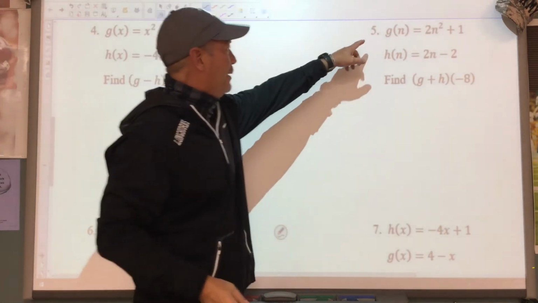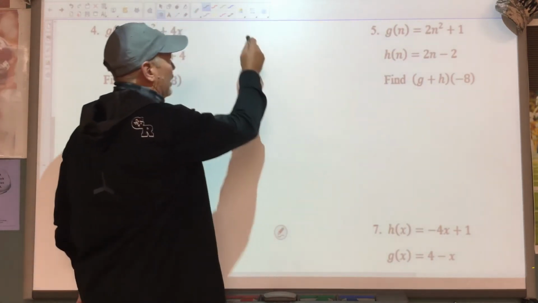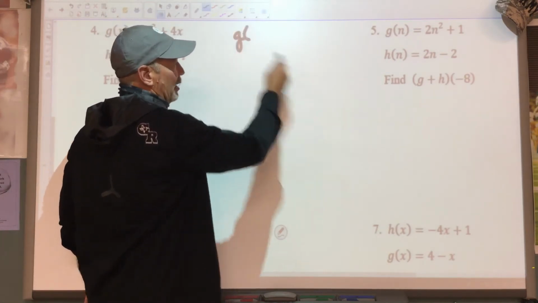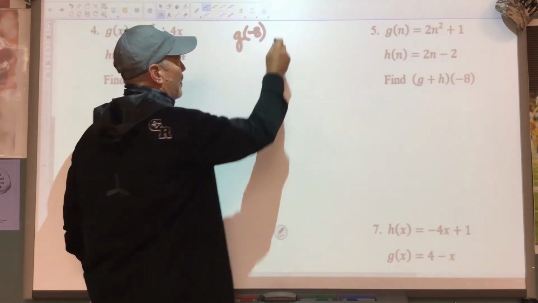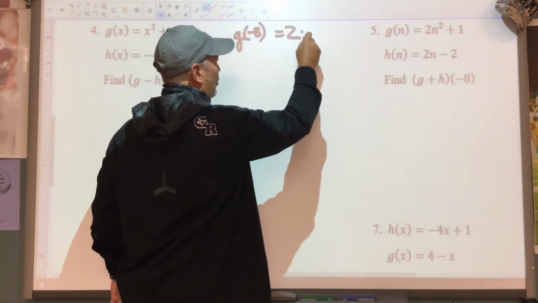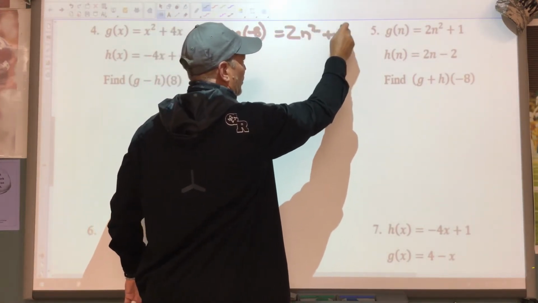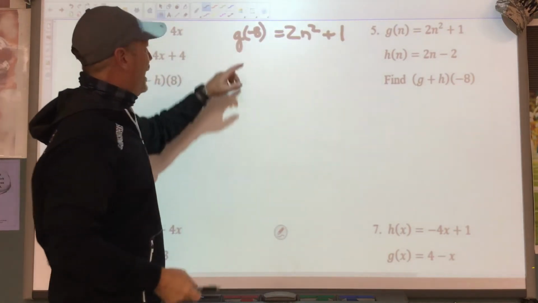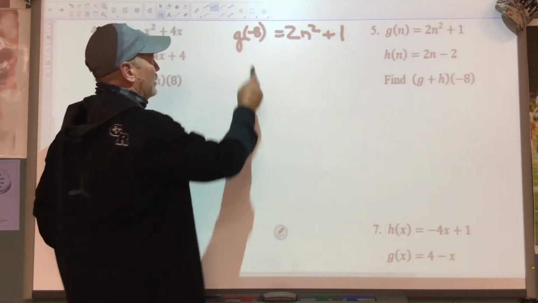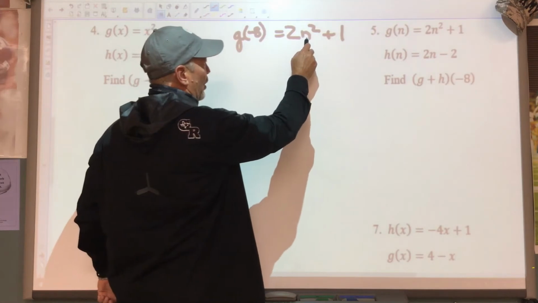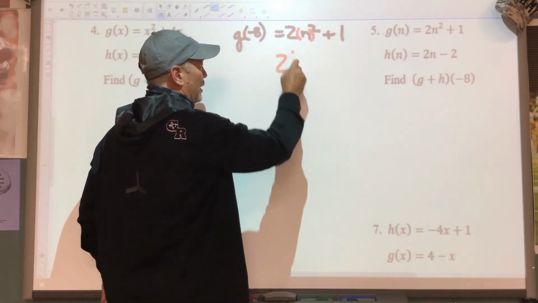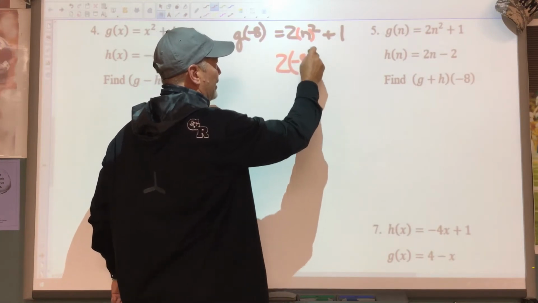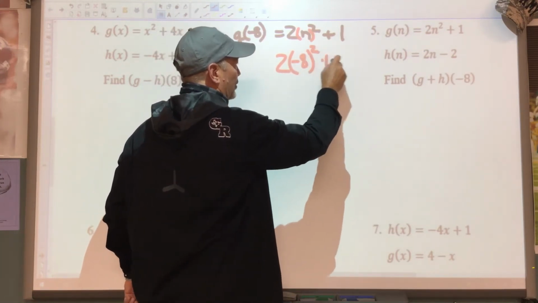So in our g, we're going to go g of negative 8, because they're telling you to substitute in a negative 8, equals 2n squared plus 1. So they're asking you to take the negative 8 and put it where the n is. So they're saying 2 times negative 8 squared plus 1.